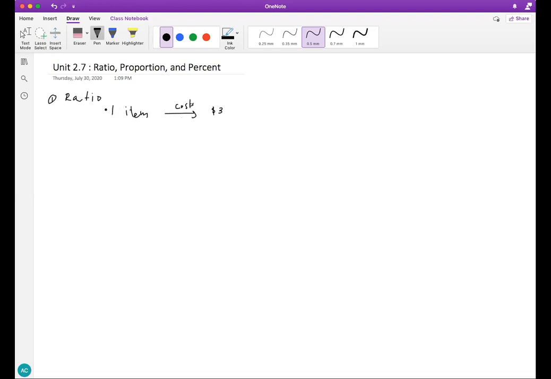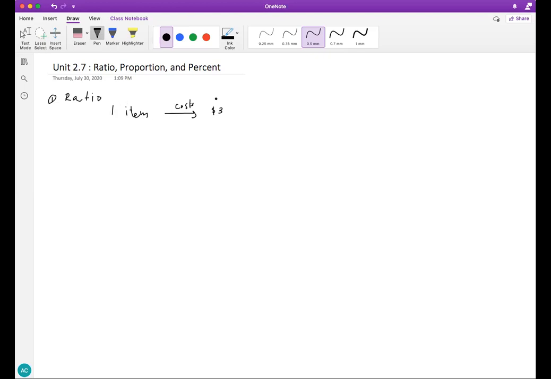If you want to buy more items, you're going to need more money. So if one of them changes, the other one has to change. They are related, so we say they change proportionally. If one changes, the other one has to change in a certain manner, with a specific amount or ratio.